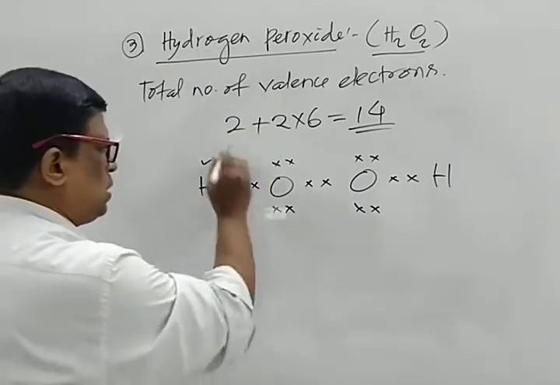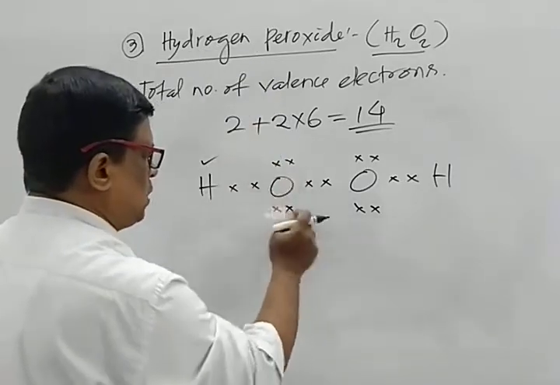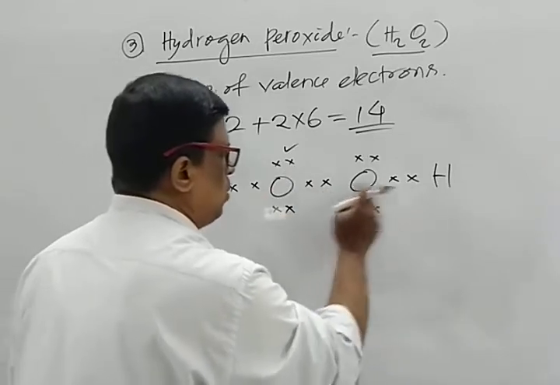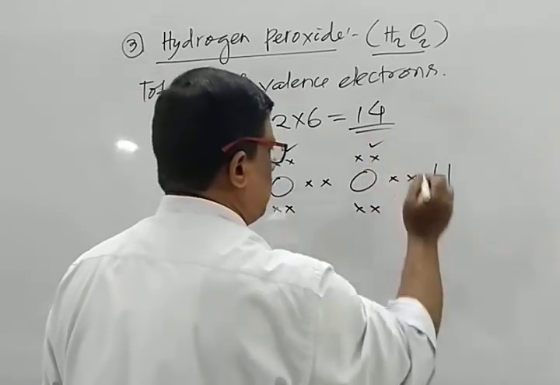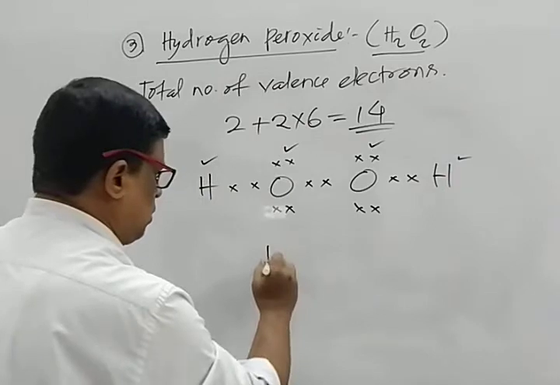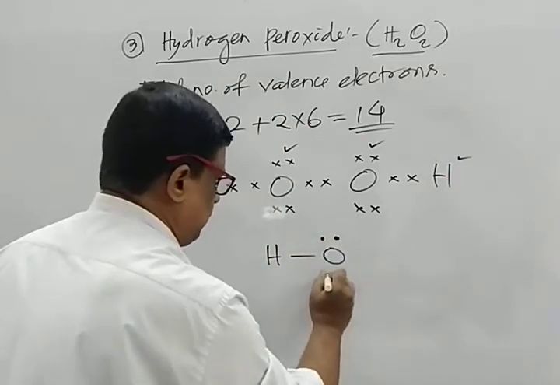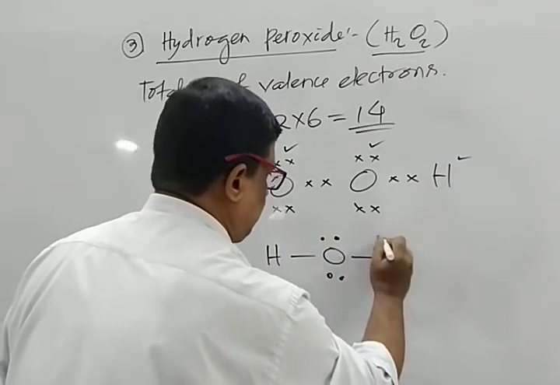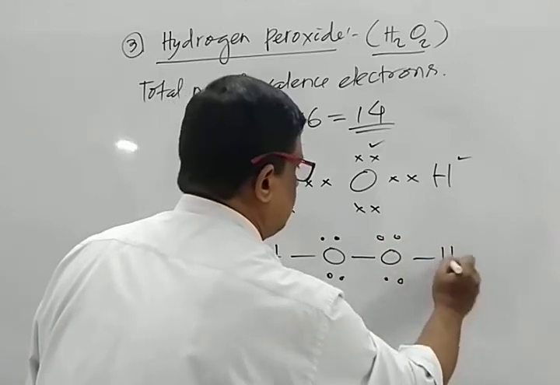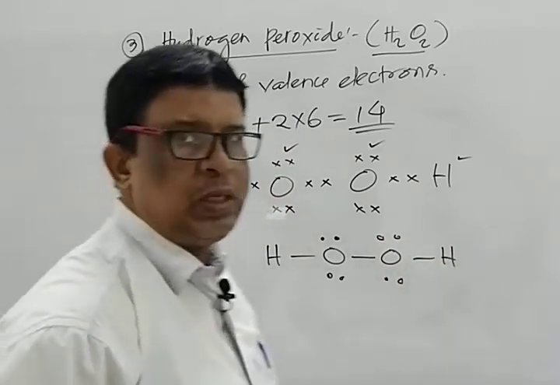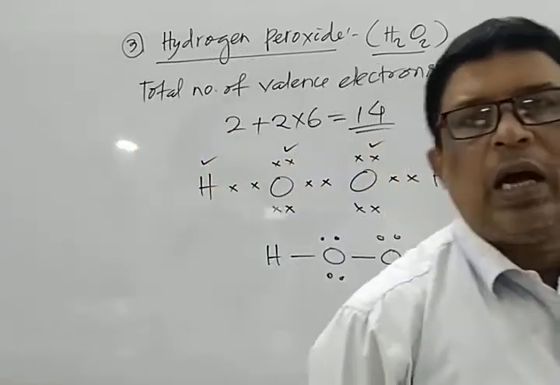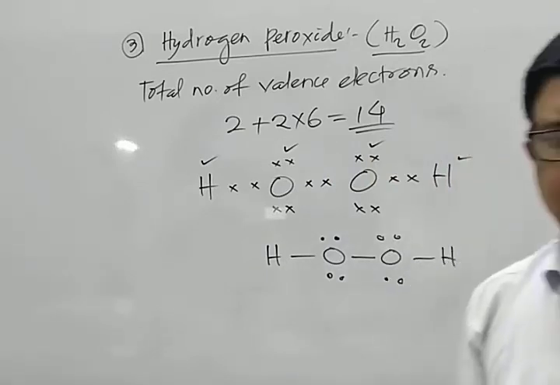So for oxygen, 1 through 8 satisfies the octet, and for hydrogen, 1, 2 is a duplet. So the structure is this. Mark that it is the Lewis representation for hydrogen peroxide.